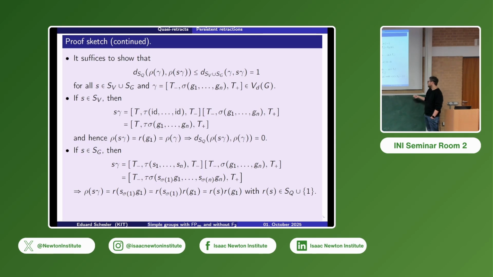So you will end up with applying the retract to the generator, and then you have the retract of the remaining elements, since R is also a homomorphism. But R(s) is either 1 if the generator is from the kernel part, or it lies in Q again, since the retract is the identity on Q. So actually that's it already.